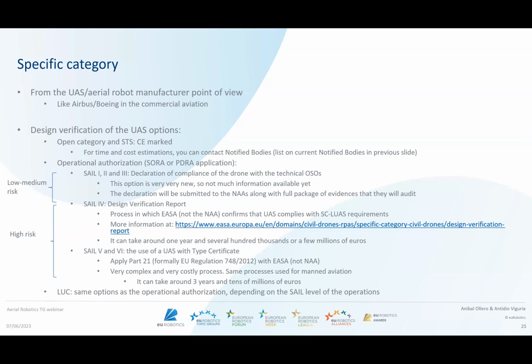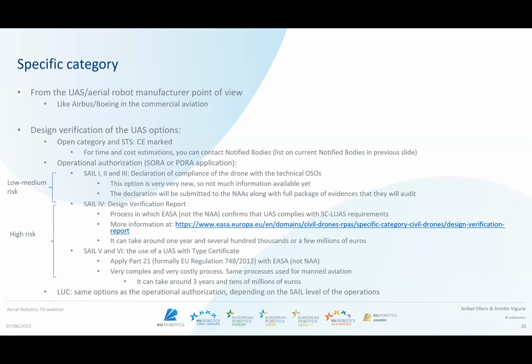For the operational authorization part, okay, if your aircraft is for SAIL 1, 2, and 3, you will need a declaration of compliance with a number of technical requirements, okay. This is something very, very new, say 1 month ago, and there's not much information available yet, but this declaration will be submitted to the national aviation authorities, okay, with a full package of evidence.